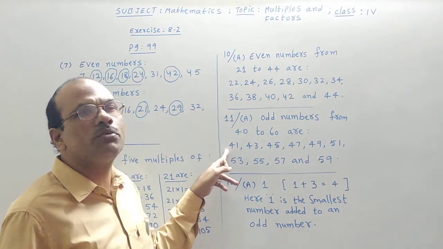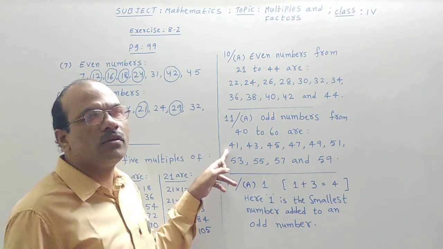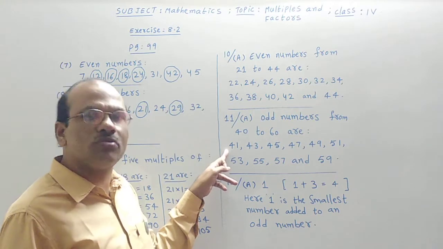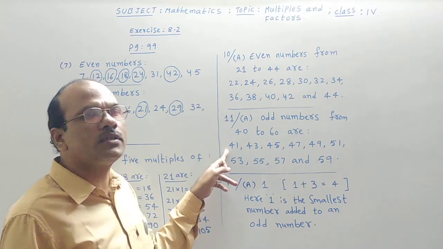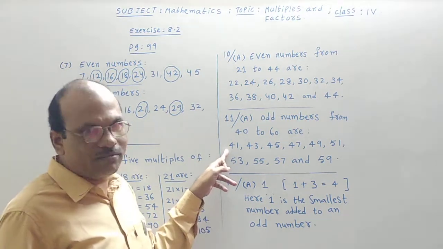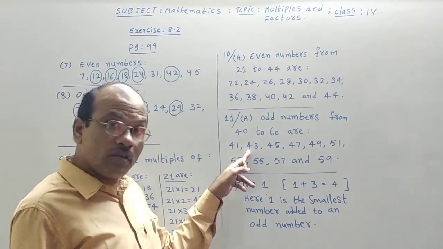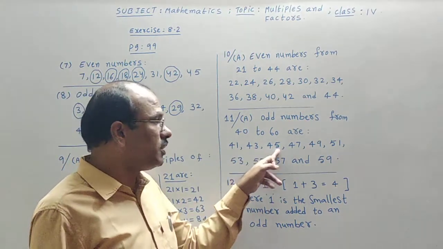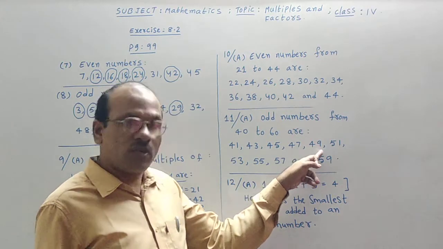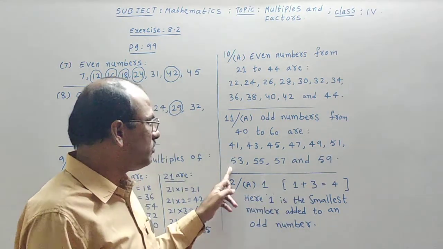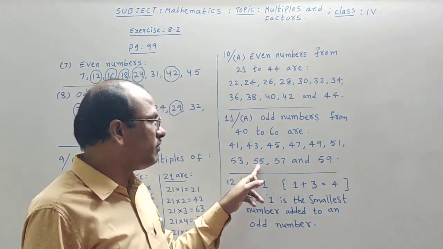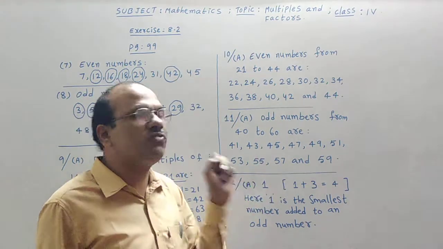This is not possible with 2, it is not a multiple of 2, so it is the answer to show as an odd number. In the same way 43, 45, 47, 49, 51, 53, 55, 57 and 59.